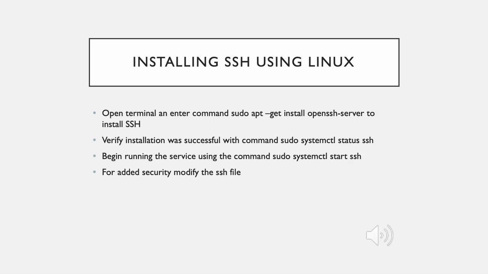To install SSH on a Linux system, follow these steps. First, open the terminal and enter the first command that's shown on the screen to install the SSH service. Then, verify that the installation was successful by running the second command on the screen.